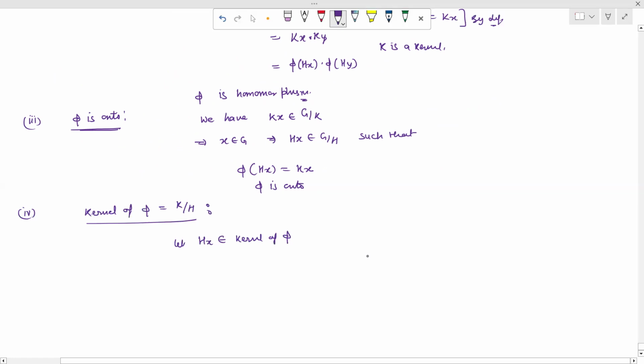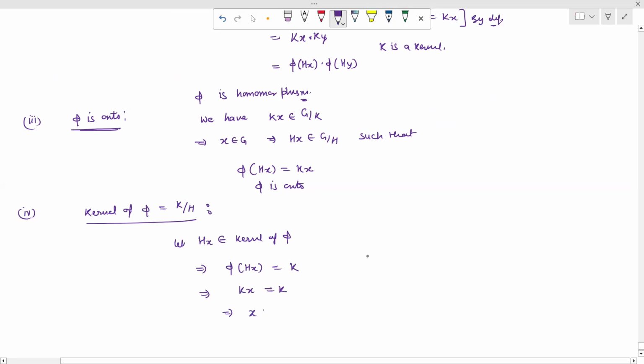So this can be written as phi of hx equal to the kernel K, that means phi of hx equal to K. So this implies phi of hx equal to Kx by definition, which is equal to K. So here we can write that Kx equal to K.